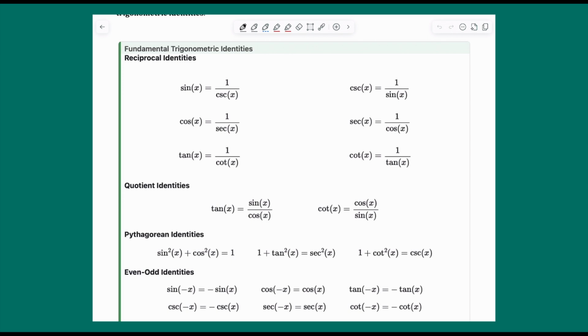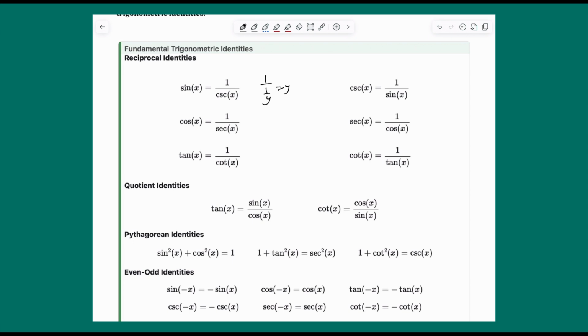Likewise, cosine of x is the x coordinate on the unit circle, and the reciprocal of cosine is 1 over secant of x, right?